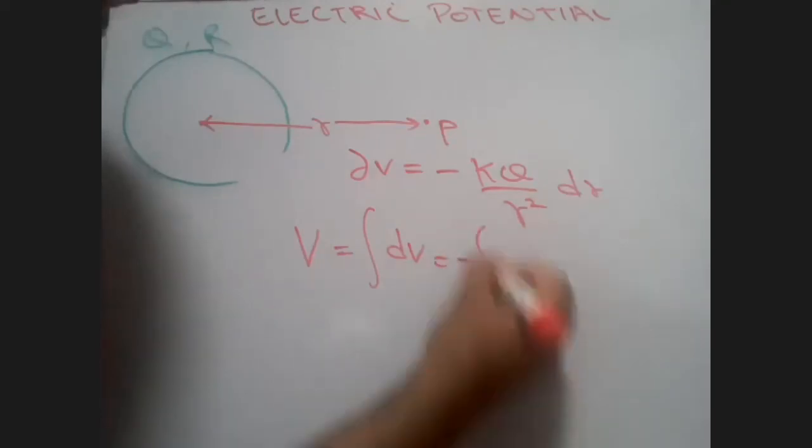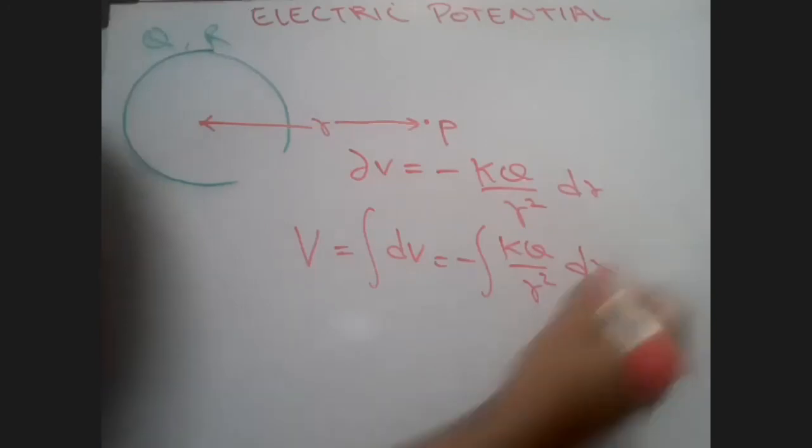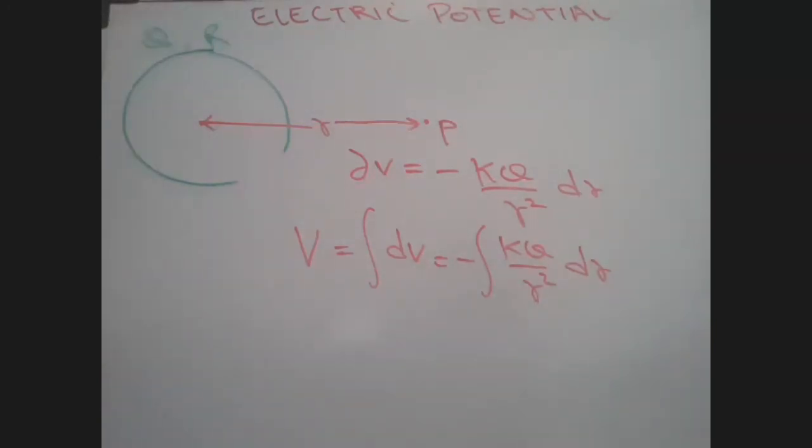And that is the integration of KQ by R square dr. Now tell me what are going to be the limits?